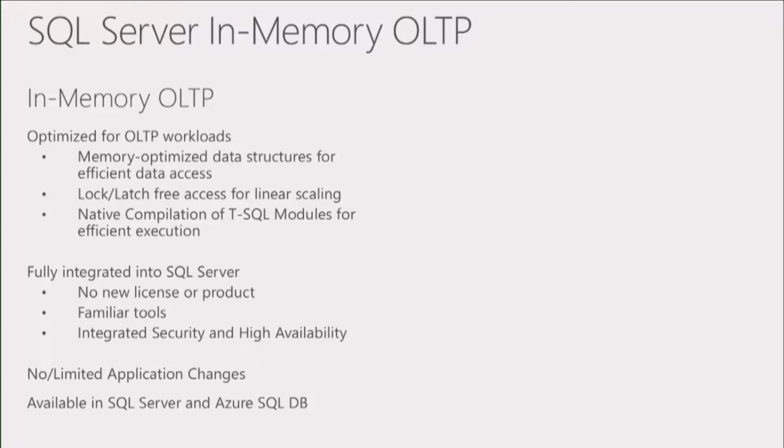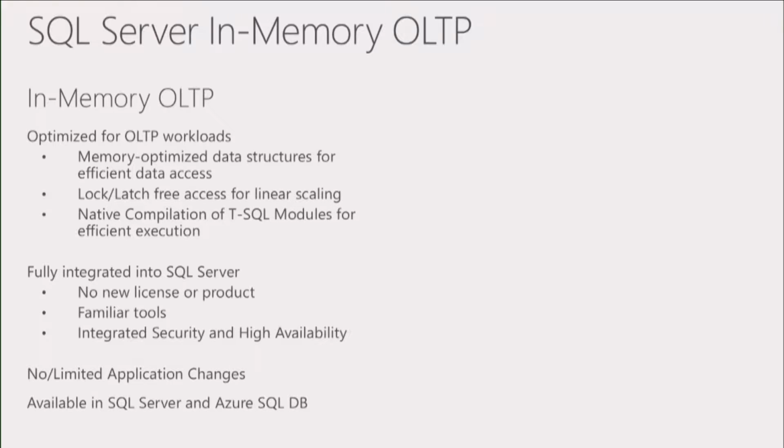This technology gets its performance gains from three main factors. Number one is, if we assume we have plentiful memory available, we can enforce the entire working set to be in memory. So we have this concept of memory optimized tables. The data is in memory. We know that it is in memory.